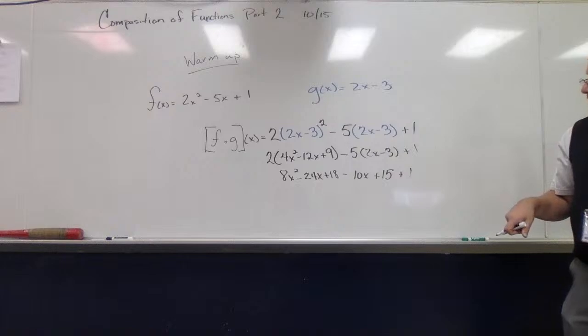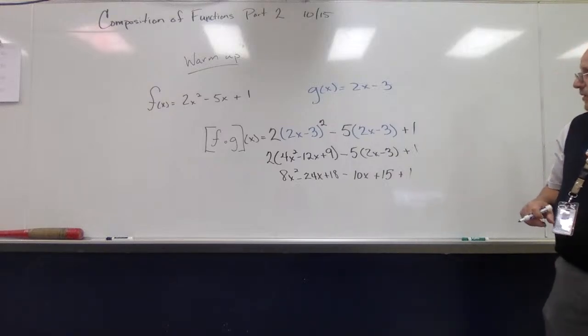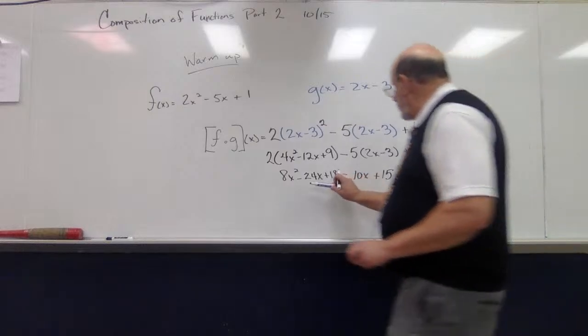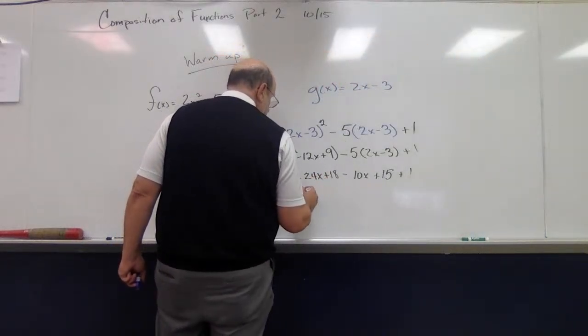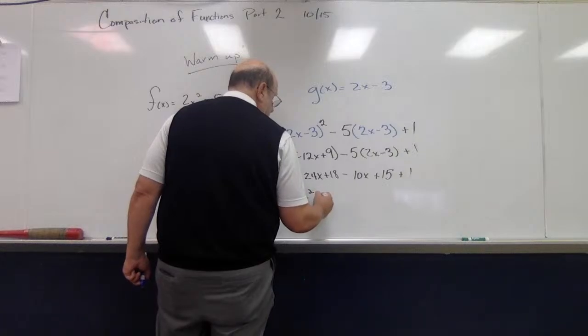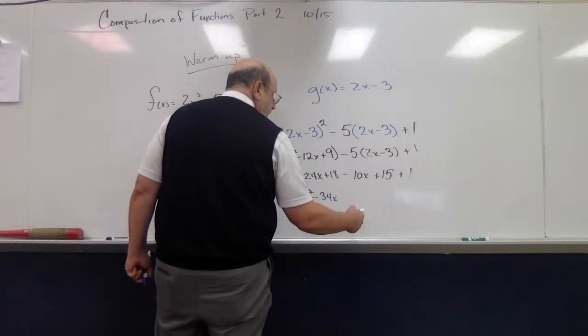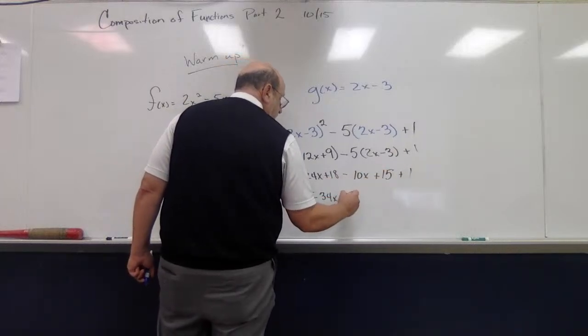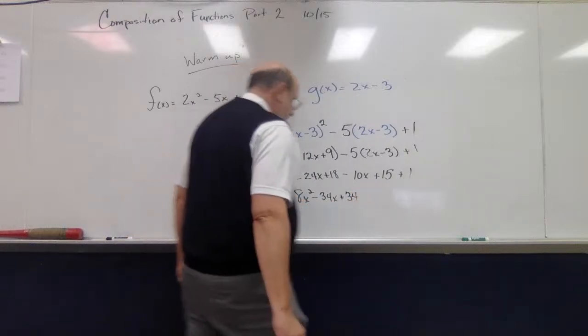Okay? So we find our like terms. We have a couple of x terms. They're both negative. Negative 24 and negative 10. So we have an 8x squared, negative 34x, and 18 and 16 are 34. Right?